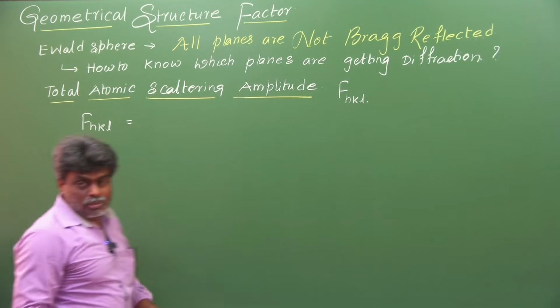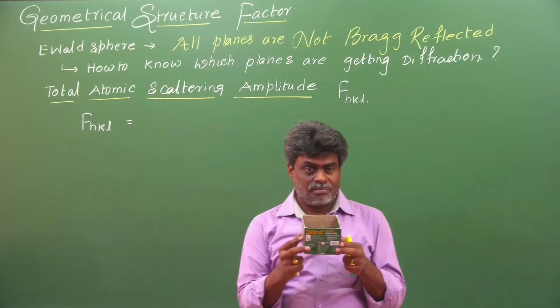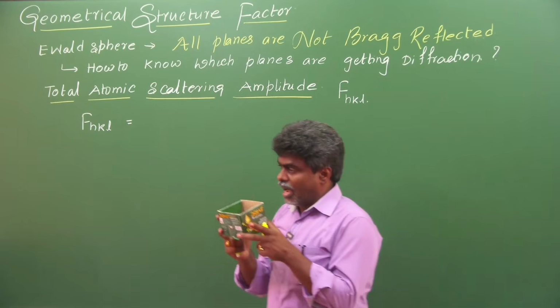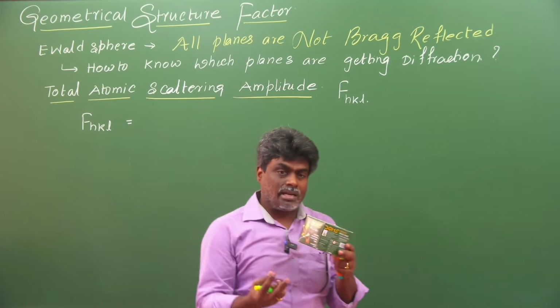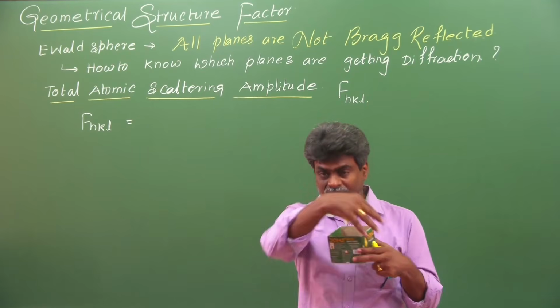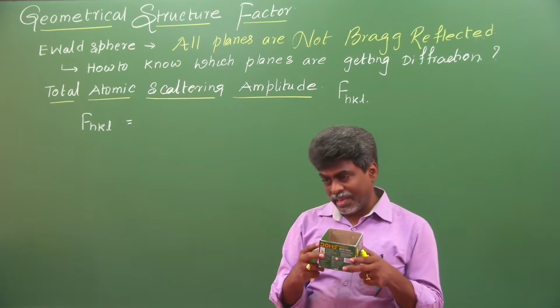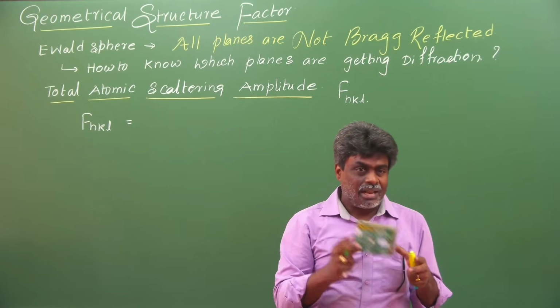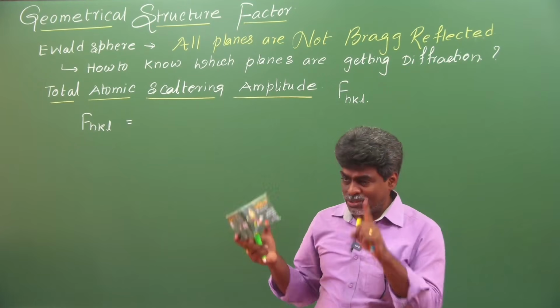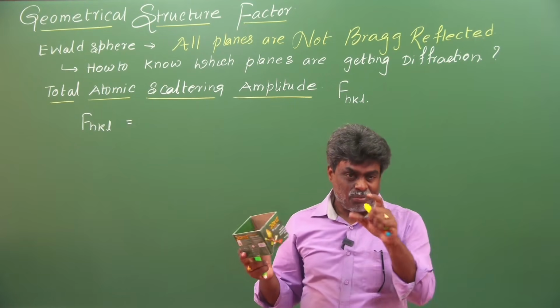Let us suppose this is a unit cell, simple cubic or BCC or FCC. Let us suppose simple cubic. How many atoms are here in the unit cell? 8. But you need not study the total 8. The number of lattice points per unit cell is what? 1. So we will take that atom.